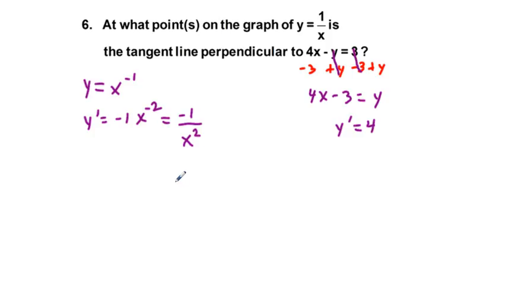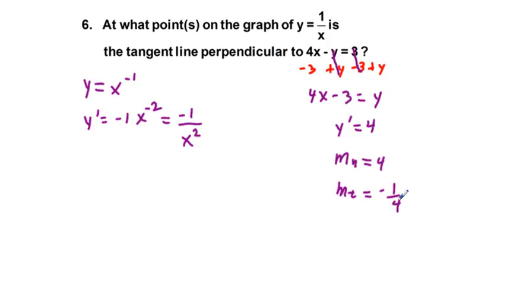And so if we take this y prime, we're trying to find where the tangent line is perpendicular to this one here. So this is going to be m sub n equals 4, and our tangent line, m sub t, is going to be negative 1/4.